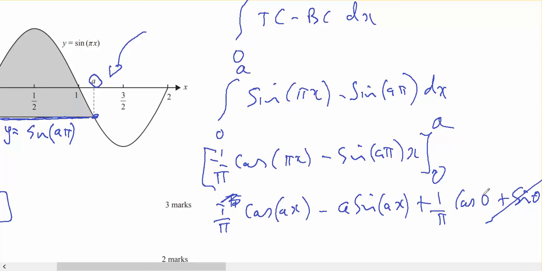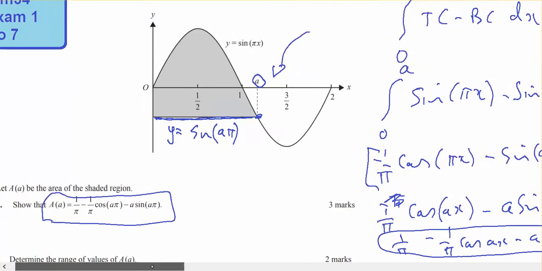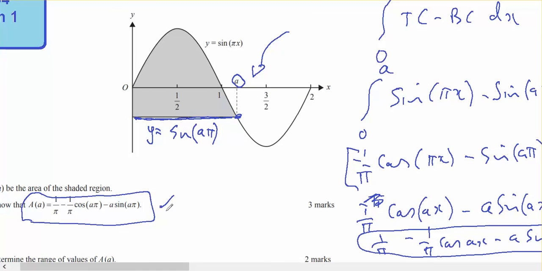That's 0, that's 1, so I've got 1 on pi minus 1 on pi cos of a pi minus a sine of a pi, and that's what I had to show that it equals, so that's good.